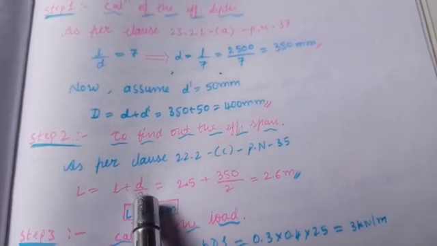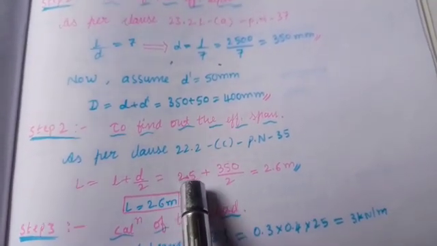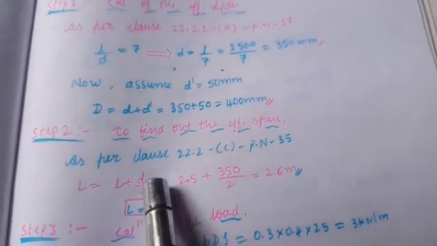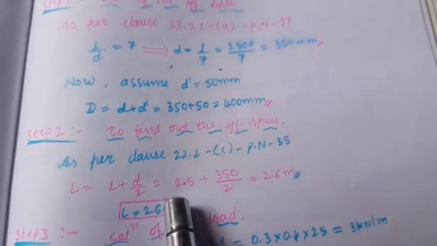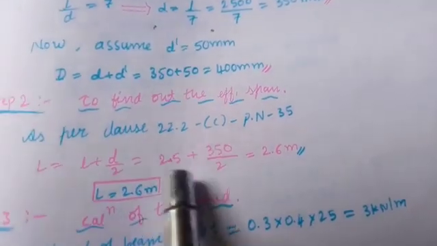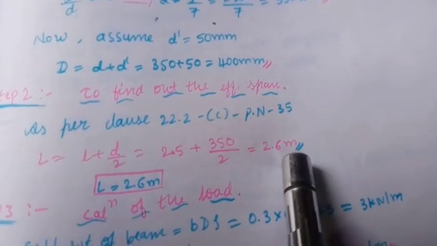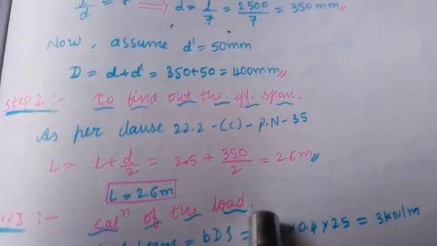Substitute all the values. Our clear span is 2.5 plus our effective depth 350 divided by 2. Simplify this, we get our effective span value as 2.6 meter. So this is how we calculate the effective span.